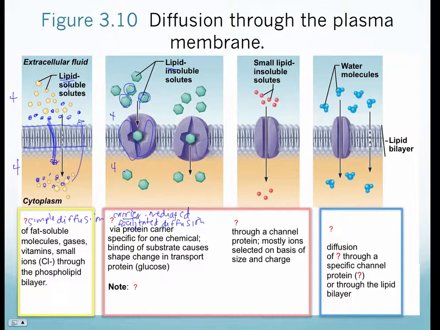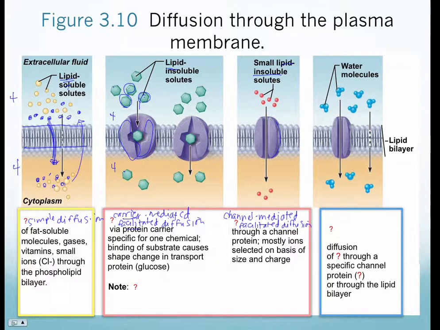Now here we have channel-mediated facilitated diffusion. And of course, it once again is lipid insoluble, so it can't cross.